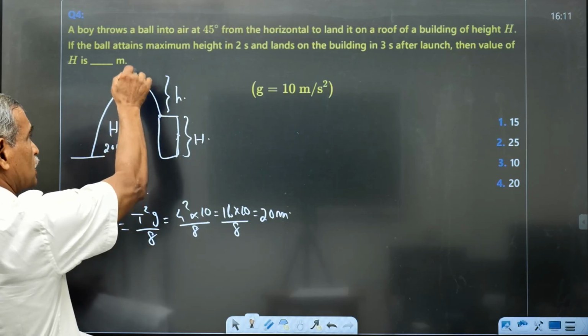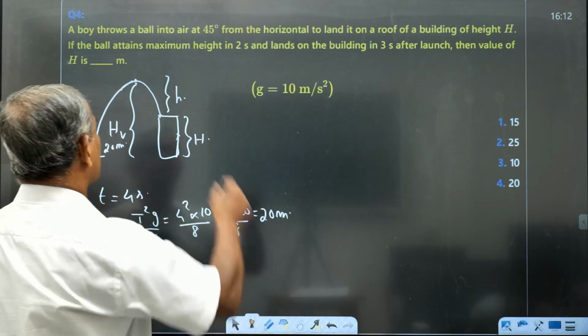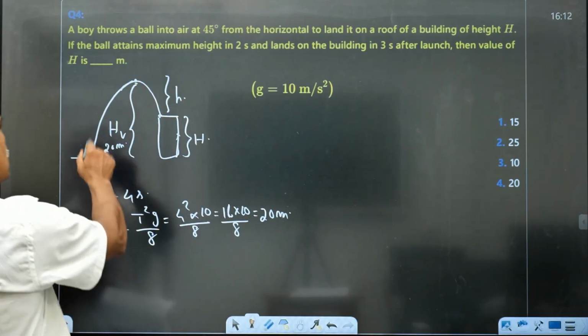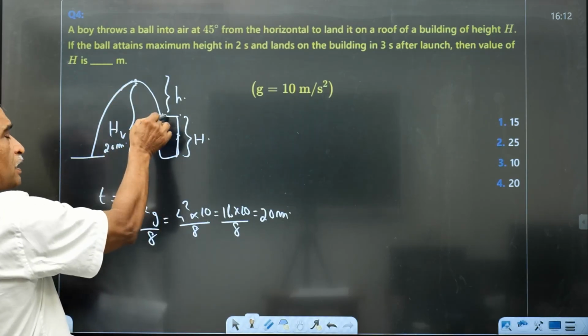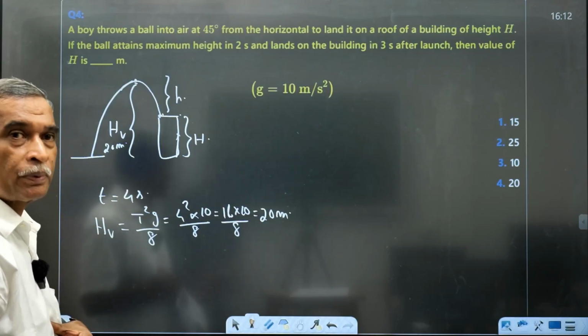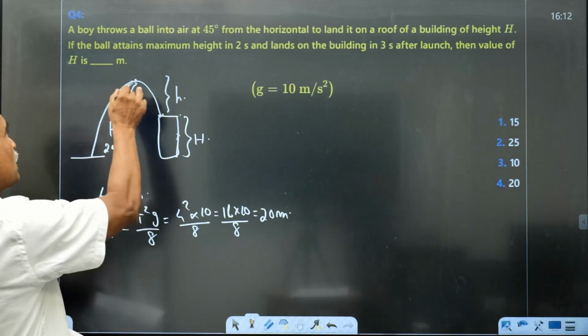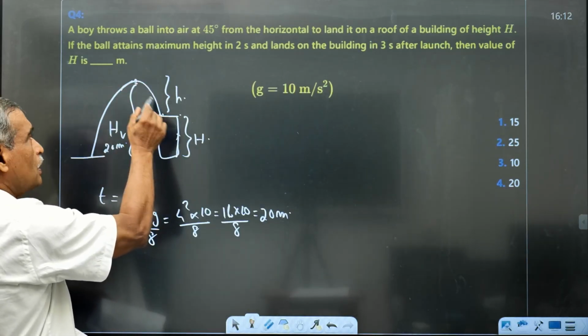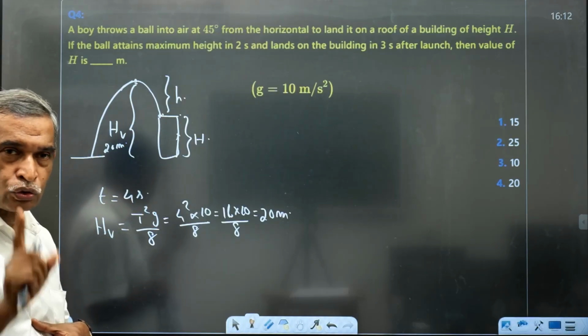Now here in the vertical direction it is a dropped body, because at the top the vertical velocity is 0. Now it is returning. There is a dropped body along the vertical direction. How much time did it travel from here to here? To reach here it is 2 seconds, and to reach here is 3 seconds, and therefore for this journey the time is 1 second.